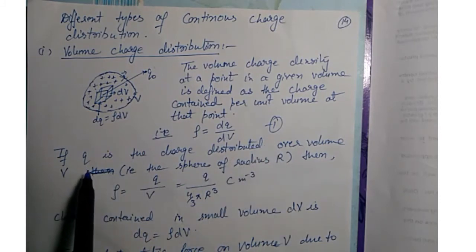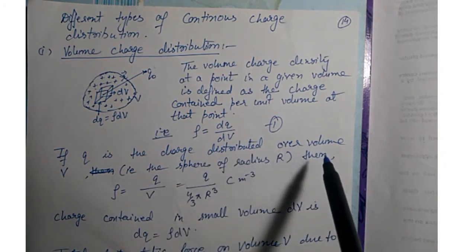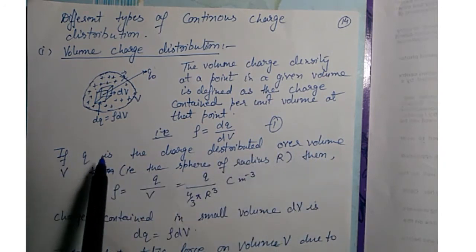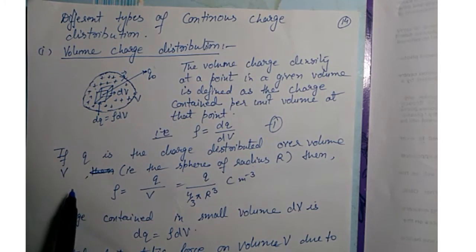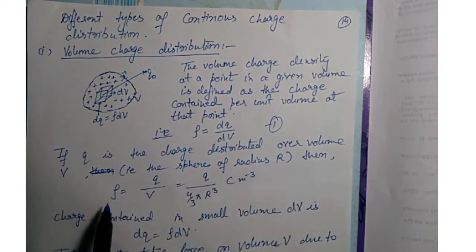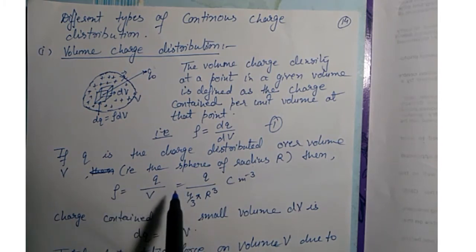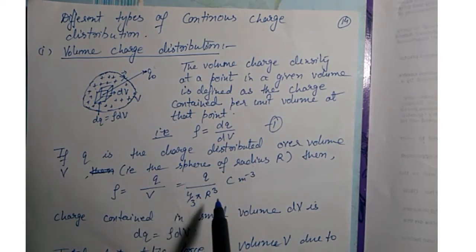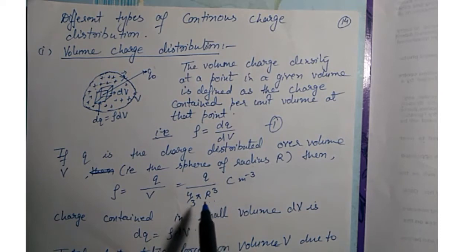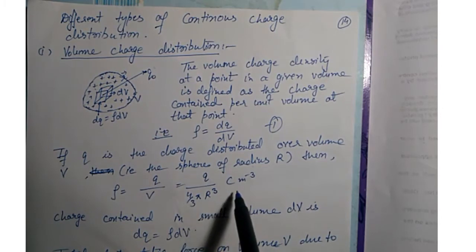If Q is the total charge distributed over the volume V, then rho equals Q upon V, which equals Q upon 4 by 3 pi r cube, where 4 by 3 pi r cube is the volume of the sphere, and the unit is coulomb per meter cube.